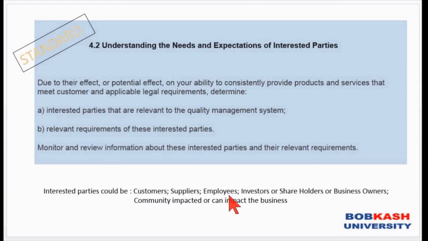If employees do not perform as per the requirement, the product and service will not meet the customer requirements. Investors, people who put money in the organization, people who have shareholding in the organization, or the business owners, they are interested parties, because they are the people who are going to provide the resources to deliver the product or services as per customer requirements.